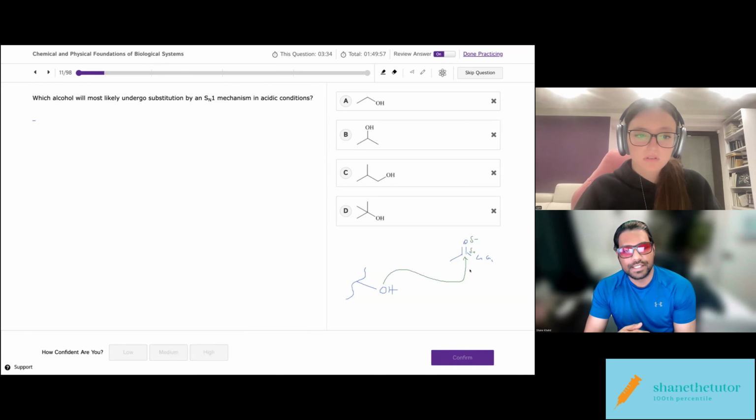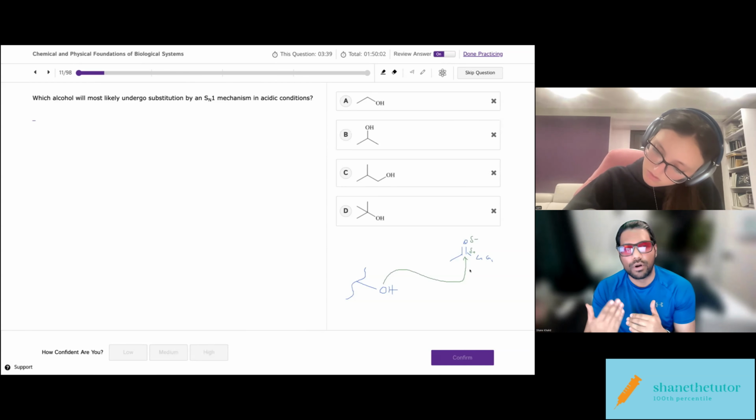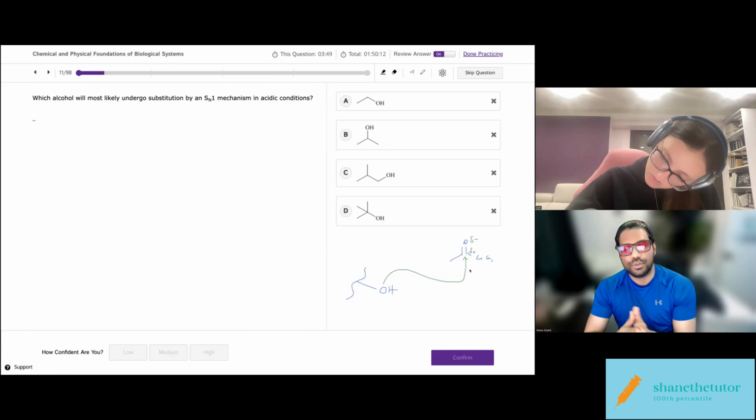But SN1 is when you have a weak nucleophile or the electrophile has a lot of steric hindrance. And if it has a lot of steric hindrance, the nucleophile can't just go in and attack. The nucleophile will have to wait until that electrophile is alone, without that type of steric hindrance.